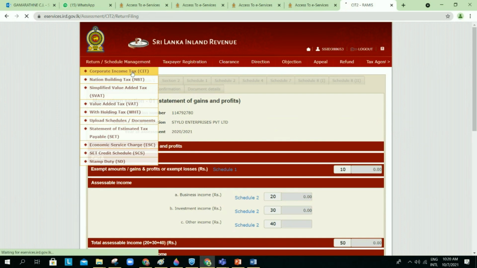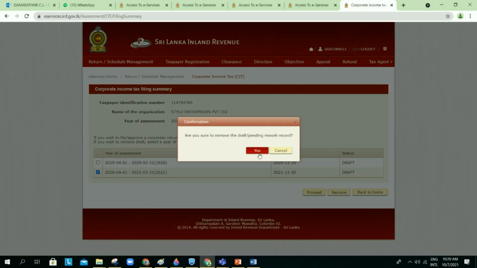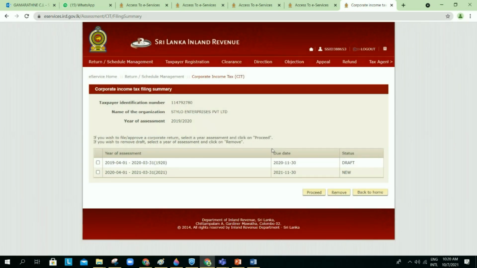Here, select the tax-free draft record and click on the remove button. Then all entered records have been flushed. Okay, then a new return appears, and you can re-enter the values as a new record. Okay.